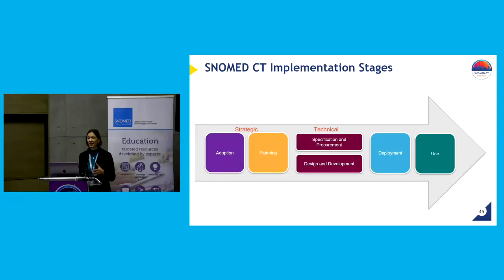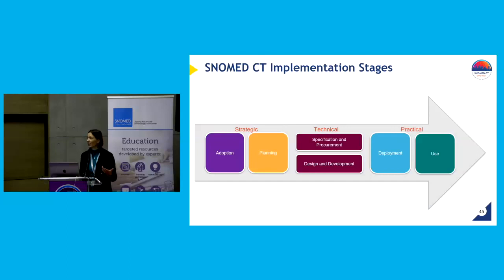Then there's also the technical stages of implementing SNOMED CT. This is where you might specify your requirements of what you want your SNOMED CT enabled system to be able to do, and whether you will be procuring a new system or designing and developing a system or modifying existing systems to incorporate SNOMED CT.